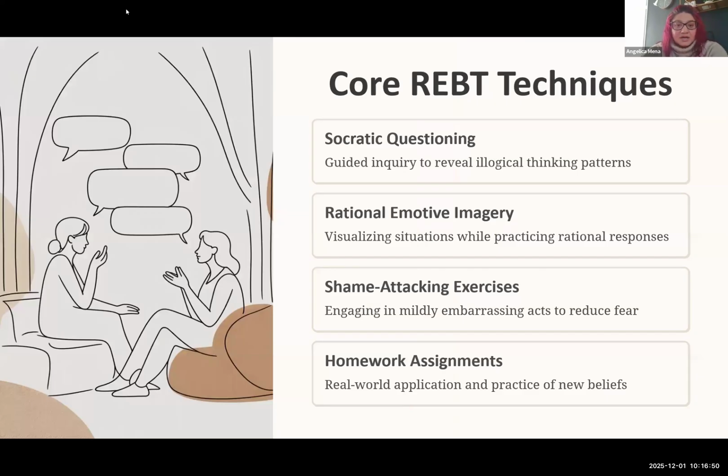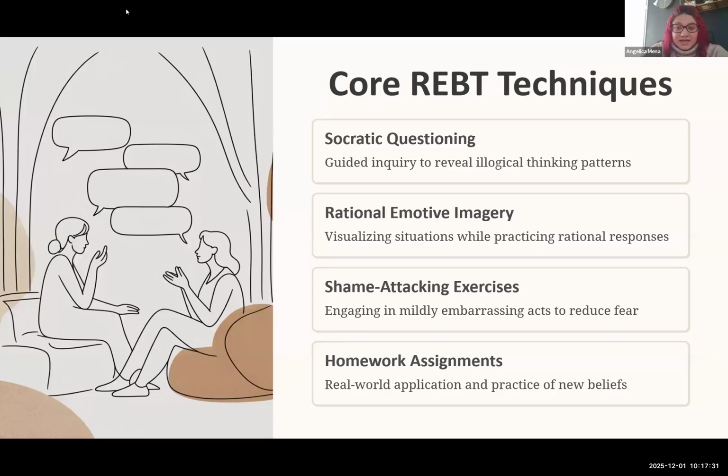Okay, so now let's talk about some core techniques that a therapist might use in this model. One of the first techniques we can talk about is Socratic questioning. This can involve probing questions to help clients uncover that faulty, irrational thinking. So instead of telling clients what to believe, you can ask them questions. Like, is thinking like that serving you?